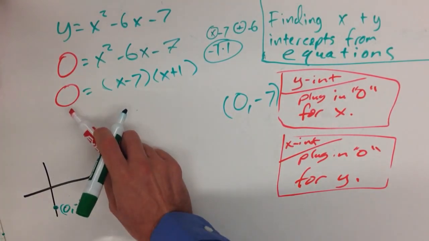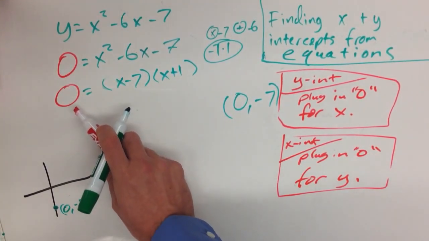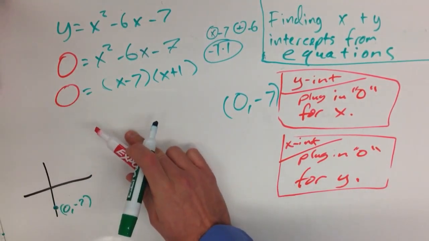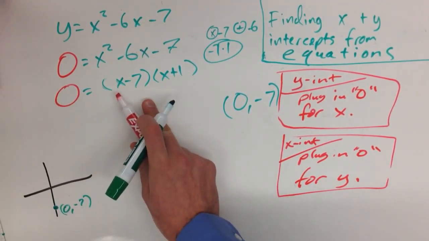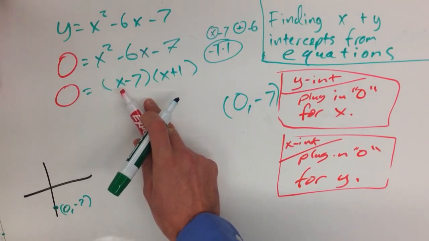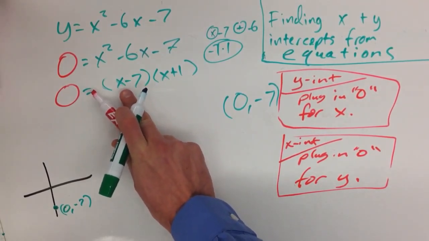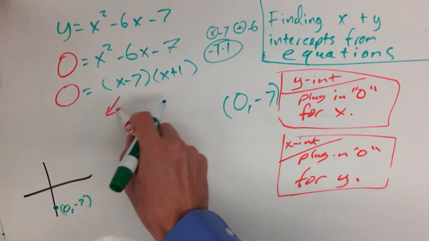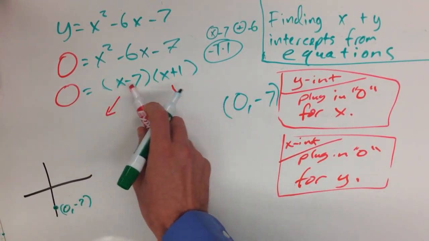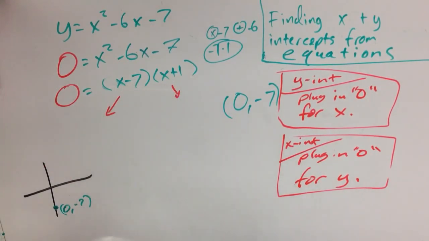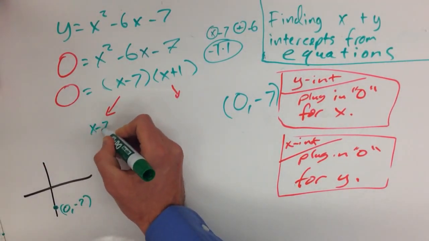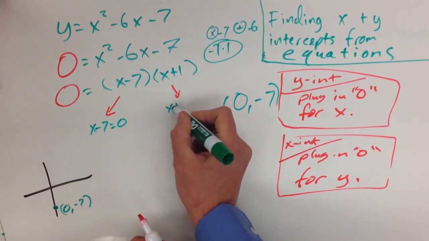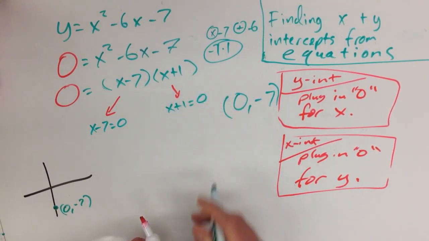Now we talked in class about the zero product property, and it has this really nice property that if you multiply two things together and they equal 0, only one of two things can happen. Either x minus 7 equals 0 or x plus 1 equals 0.